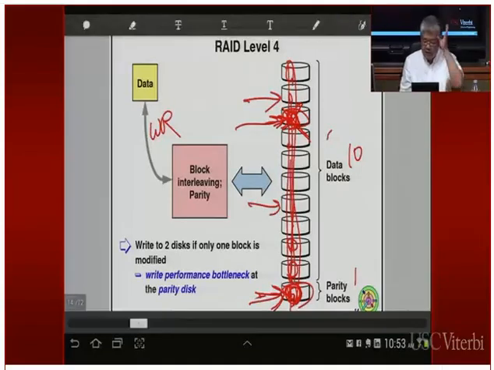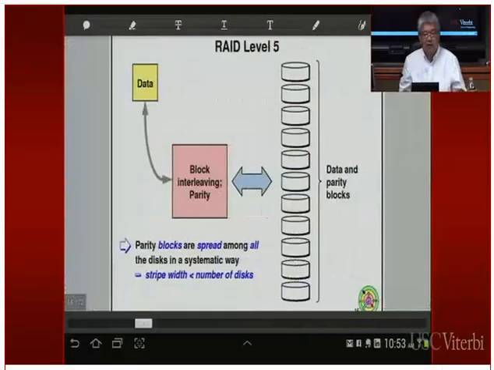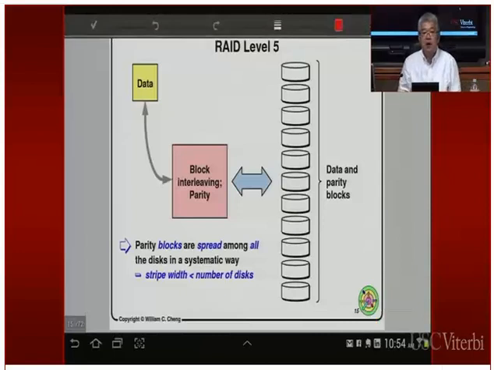The solution for this comes in RAID level 5, which was developed at Berkeley. RAID level 5 gets rid of the parity disk. The idea is that whenever you write a particular file, you stripe it across the disks.